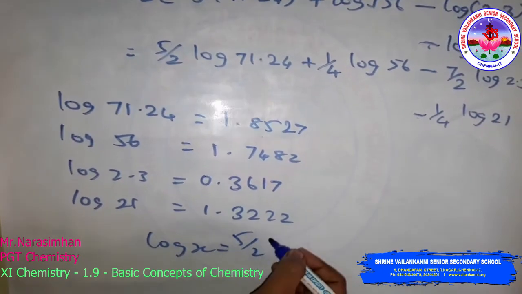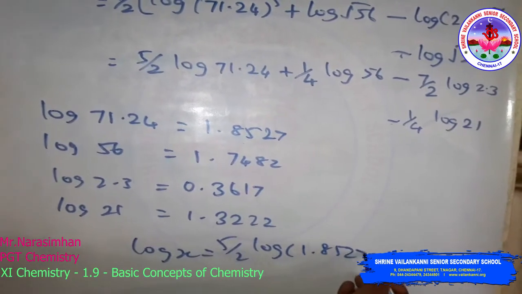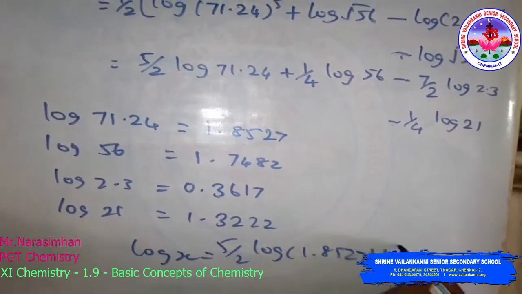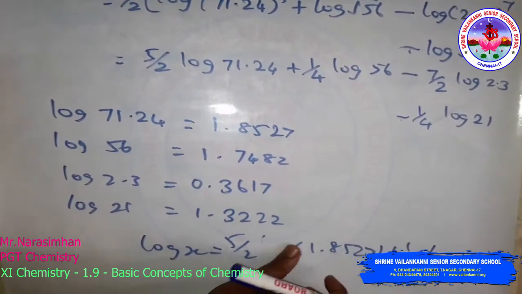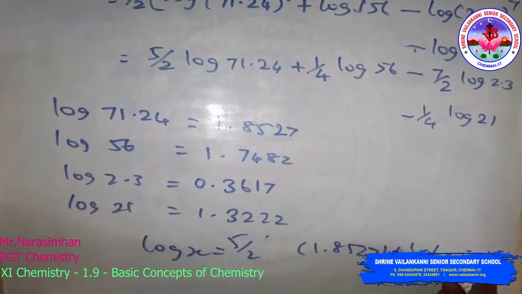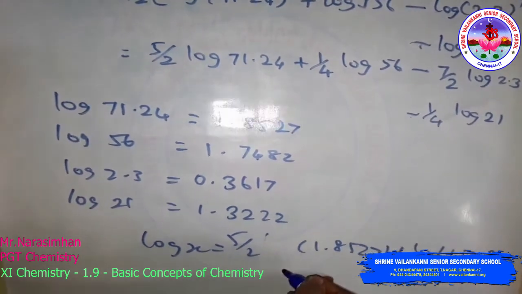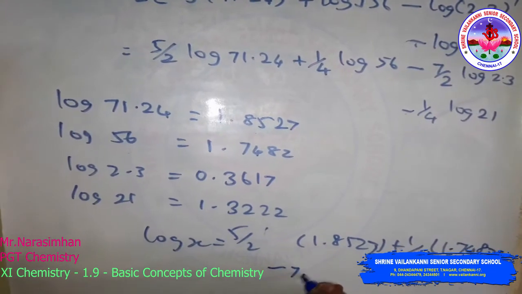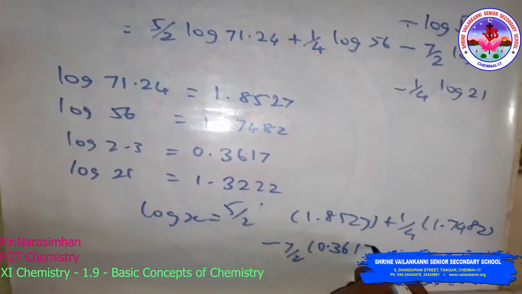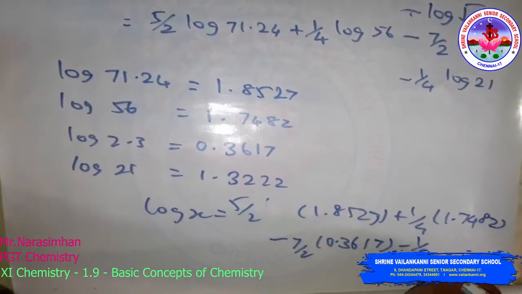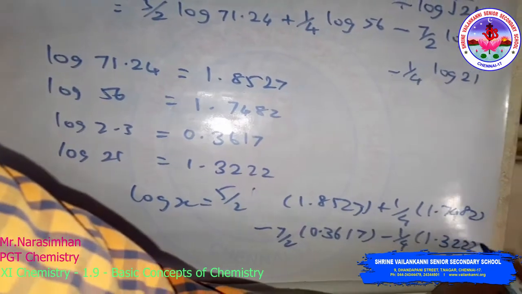So now you can find log x is equal to 5 by 2 into 1.8527 plus 1 by 4 into 1.7482, this not log, no need to log, minus 7 by 2 into 0.3617 minus 1 by 4 into 1.3222.